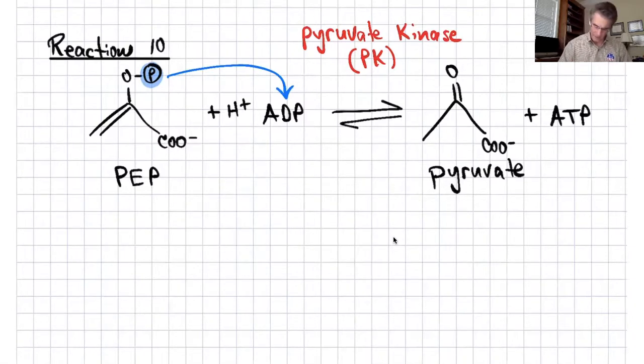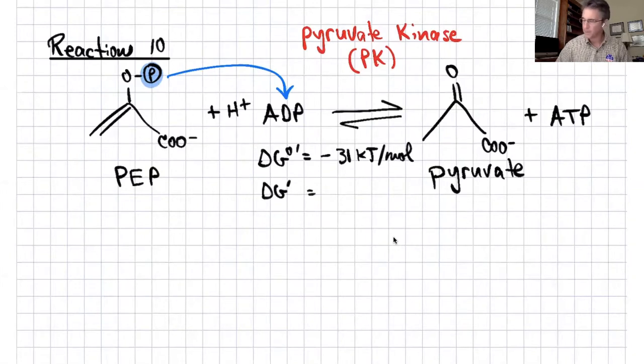You take a fair amount of ATP and pyruvate for this to happen, because the standard state free energy change for this reaction, finally, we get another one that's super favorable, minus 31 kilojoules per mole. And under cellular conditions, it's actually not quite as favorable, 17 kilojoules per mole, because of the relative concentrations of ATP and pyruvate. But it's still pretty doggone favorable, right?